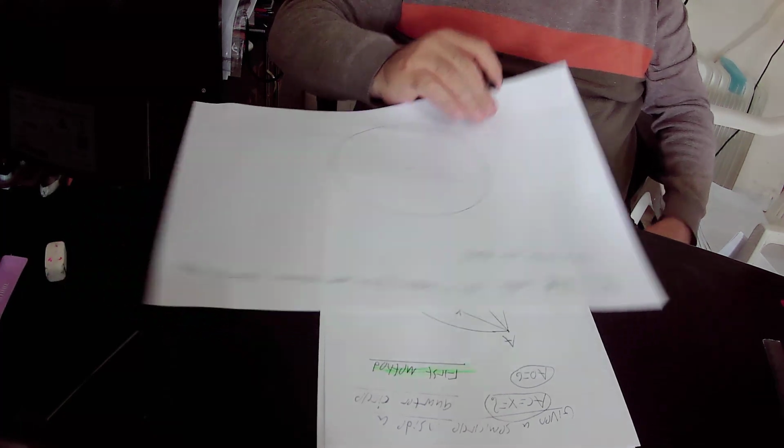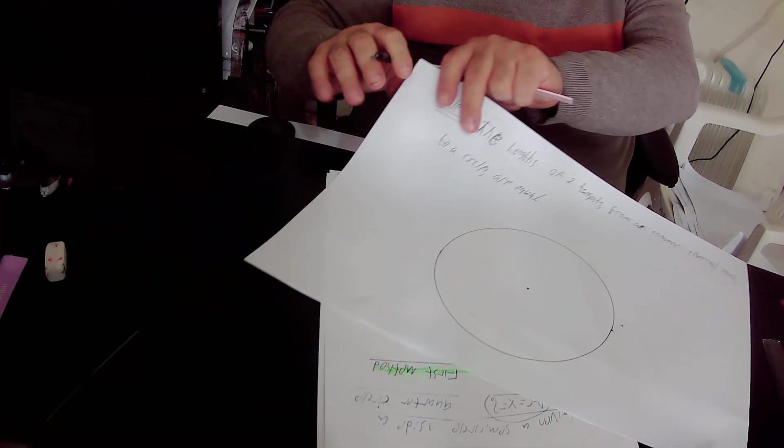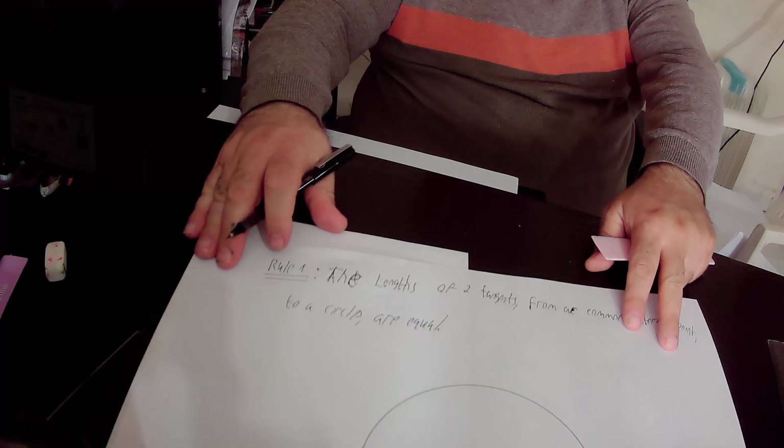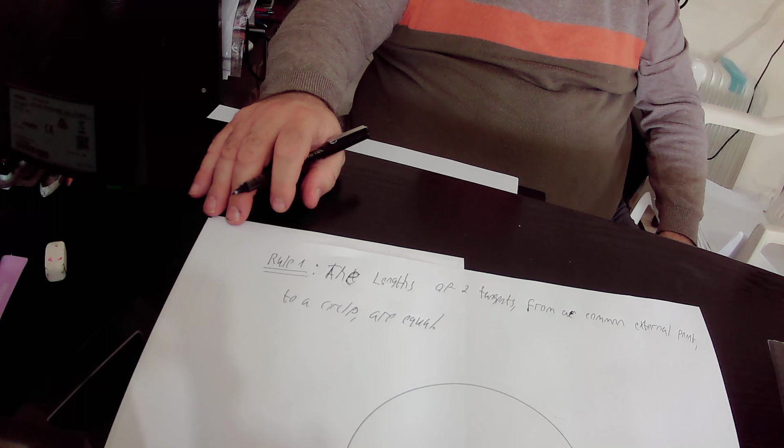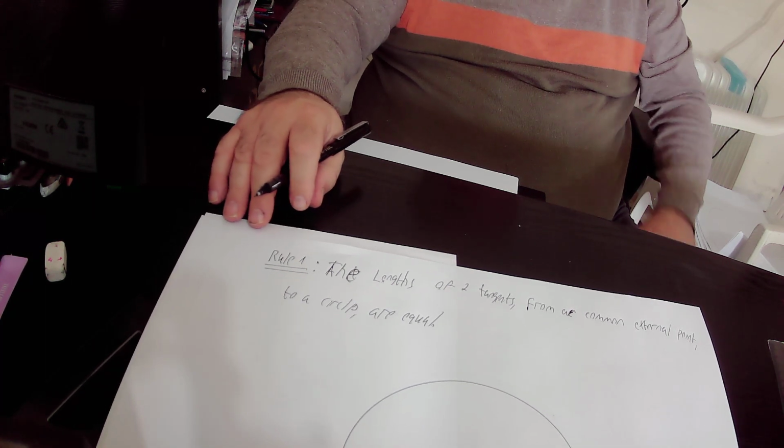So I'll read rule number 1 again. According to rule number 1, the lengths of two tangents from a common external point to a circle are equal.